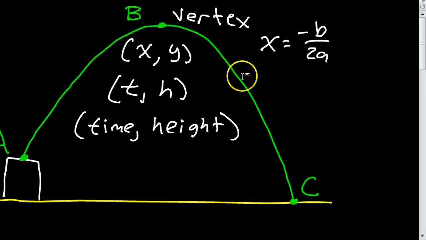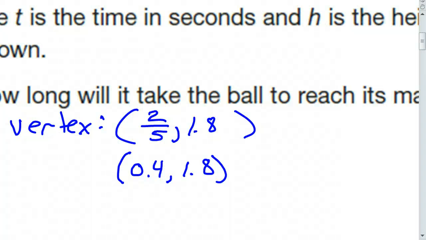It's at the top of the path. So this height is the maximum height, and this time is how long it takes to get there. So just remember that. When we see these two numbers, please understand that this is the time and this is the height.